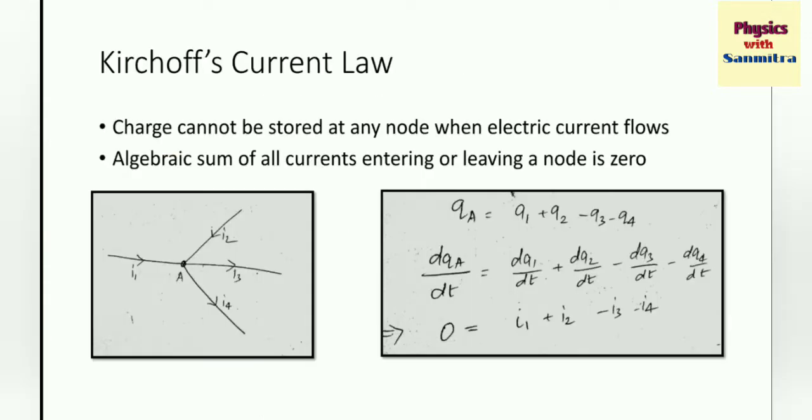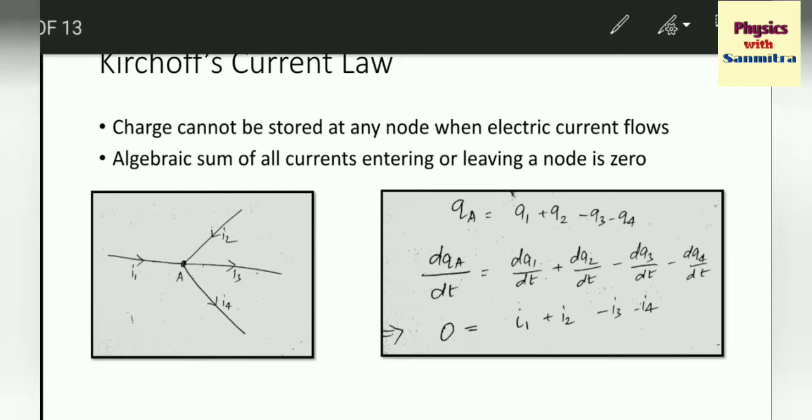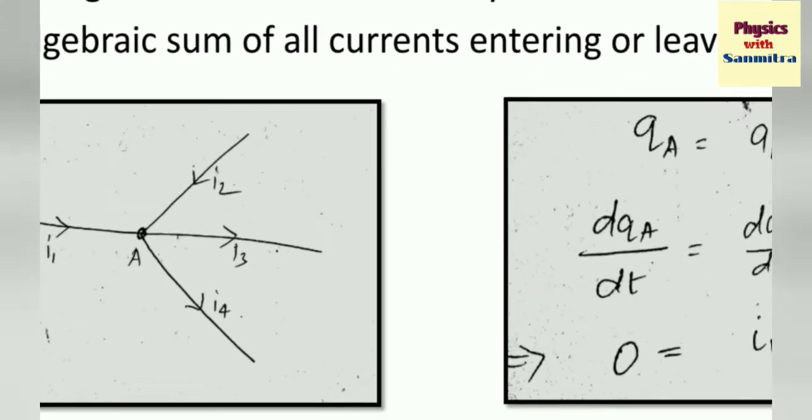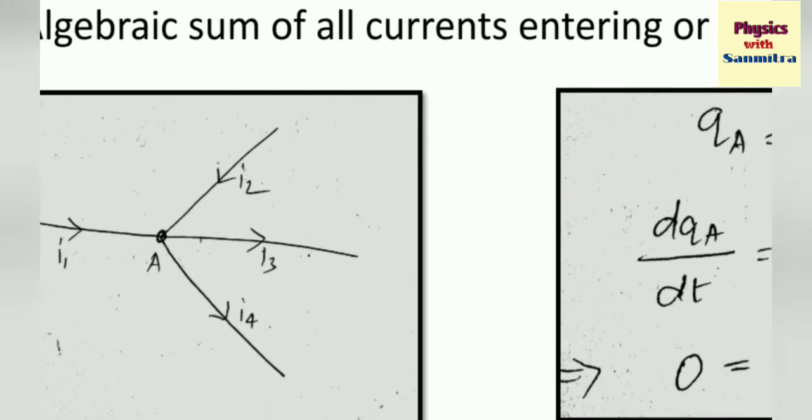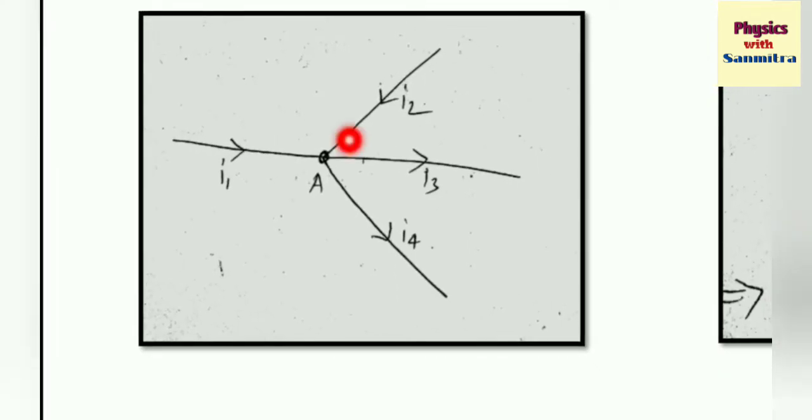What is KCL? KCL is Kirchhoff's current law. KCL states that the algebraic sum of all the currents entering or leaving a node is 0. Let's look at this picture. Here I have a node A, and what is a node?